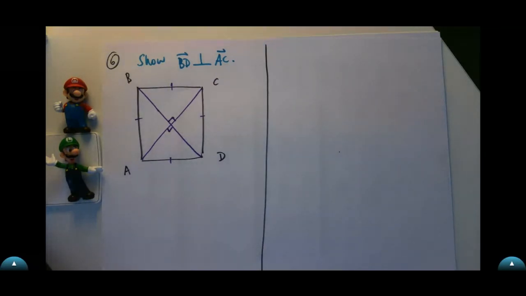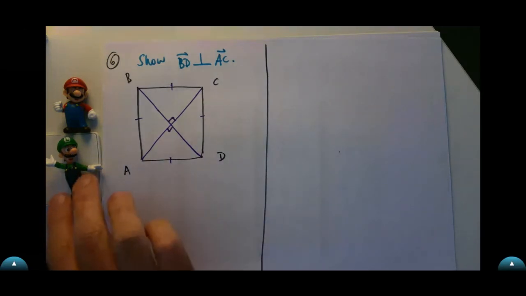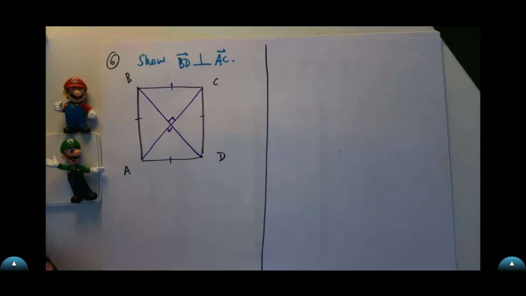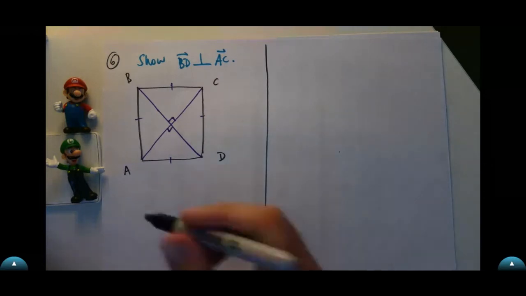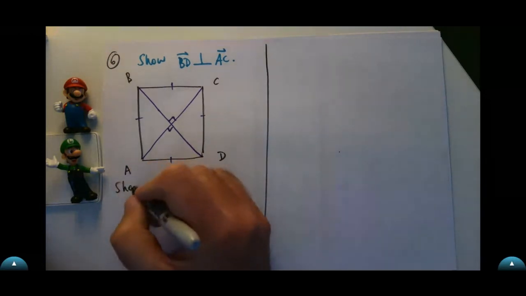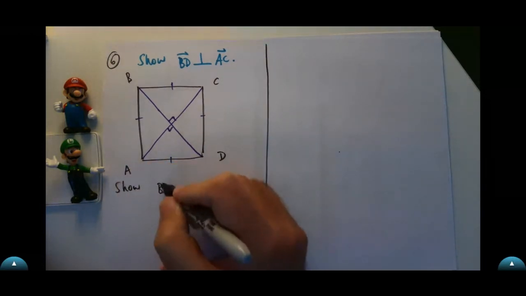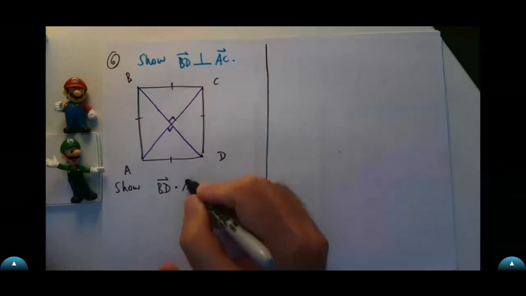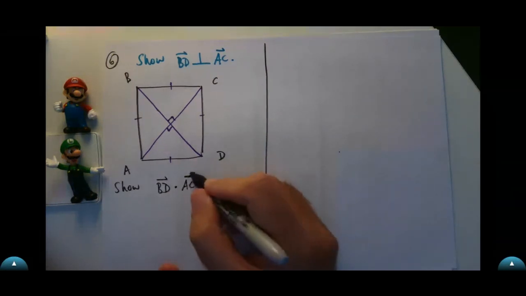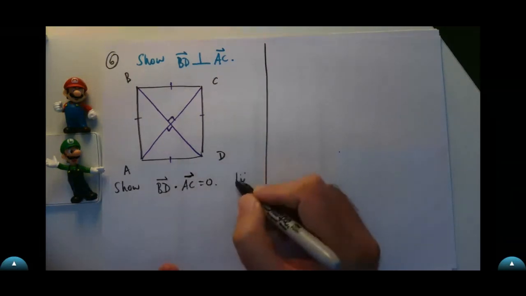Azalea, AC dot BD equals 0. Both correct. Excellent. So let's try that. Our strategy here will be something like, as you mentioned, show that BD dotted with AC equals 0.